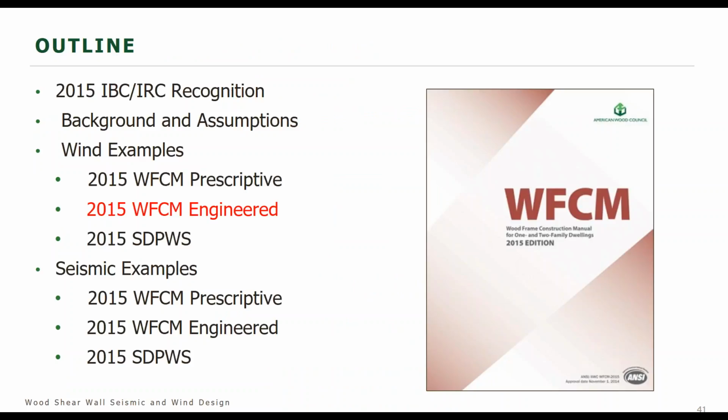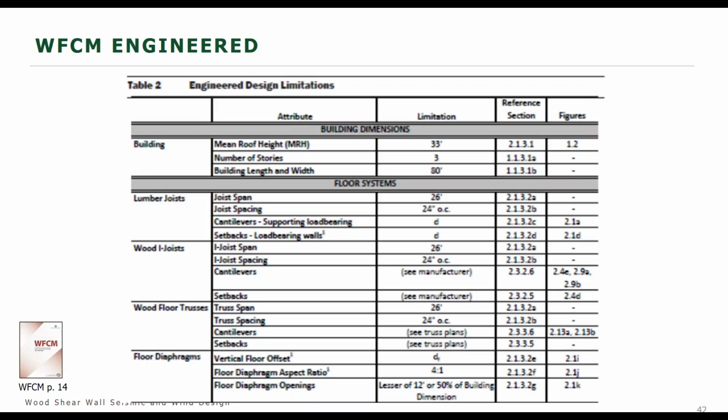So that's the prescriptive approach. Now, if we want to get into the engineered approach, we go into Chapter 2. Chapter 2 does have its own table of assumptions that you can take a look at here. Again, as I mentioned, one of the bigger ones for wind design is that we're allowed to do exposure D designs in Chapter 2 using the engineered approach.